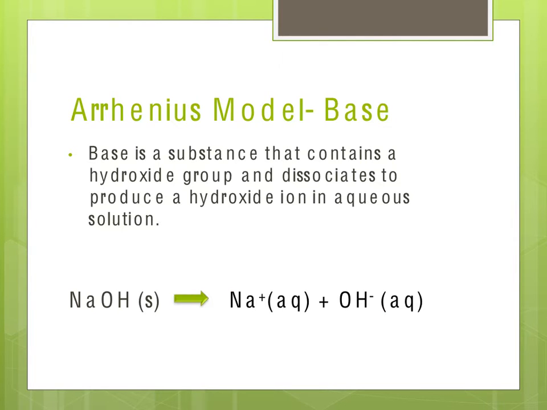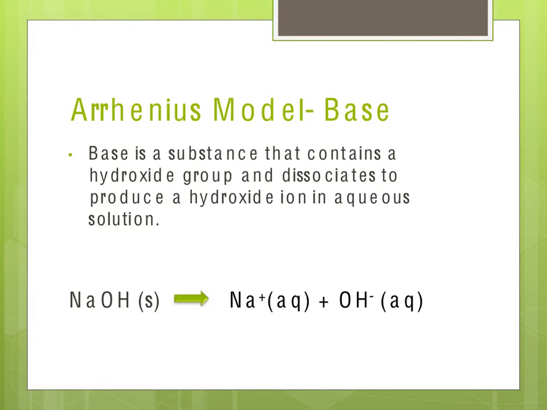That makes it a base because it produces hydroxide ions. So that's the Arrhenius model: Arrhenius acids contain hydrogen and produce hydrogen ions. An Arrhenius base contains hydroxide and produces hydroxide ions in solution.